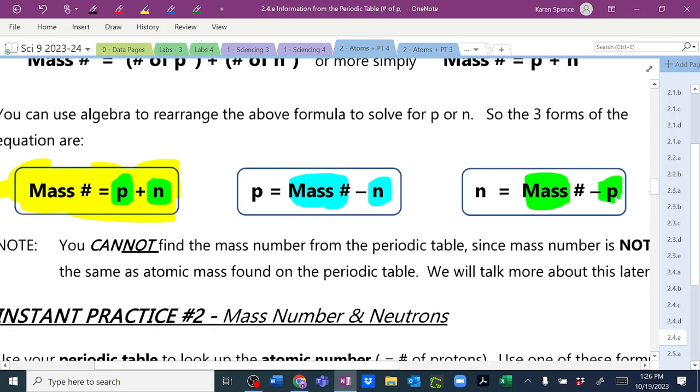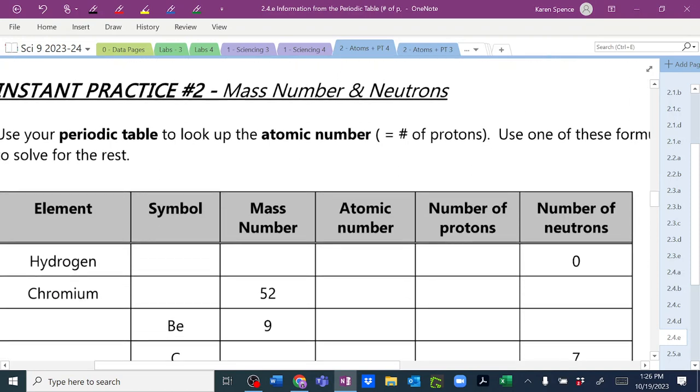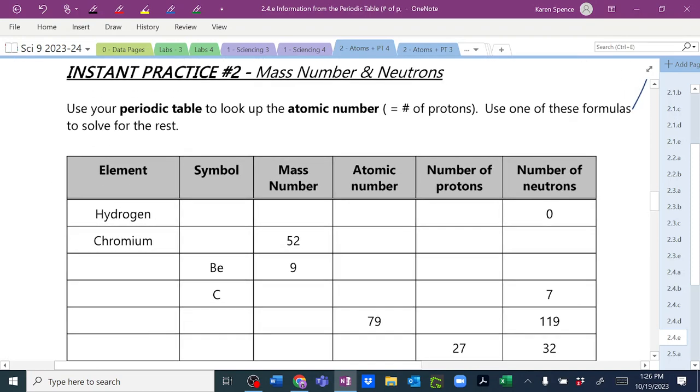Yes. So here what you're going to do is you're going to go through and you're going to say, oh, look, I have the mass number, and I know that it is chromium. Could I go and figure out the number of protons in chromium?